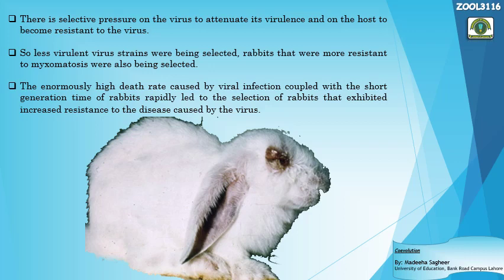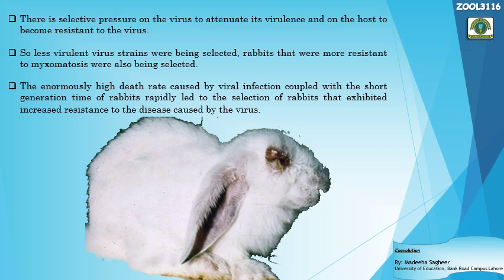Now, just keep one thing in your mind, that a host-parasite relationship or pathogen-host relationship is never ever a static relationship. Both species evolve in response to each other's change, right?